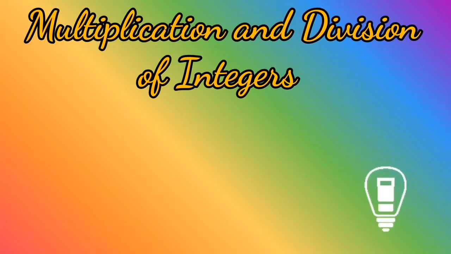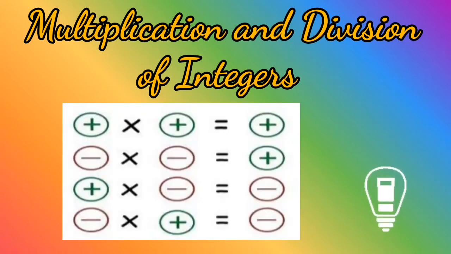Multiplication and division of integers. In solving for the product or quotient of integers, we follow the same rules in multiplication and division of whole numbers. But this time, we determine the sign of the product or the quotient. If we are multiplying integers with the same signs, the sign of the product is always positive.